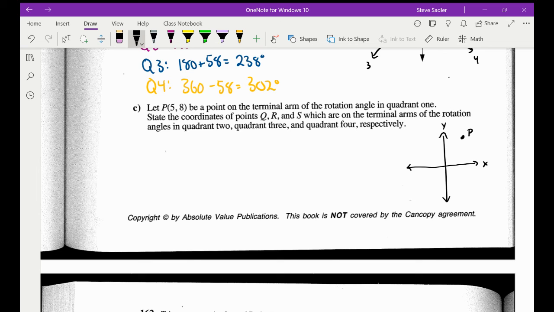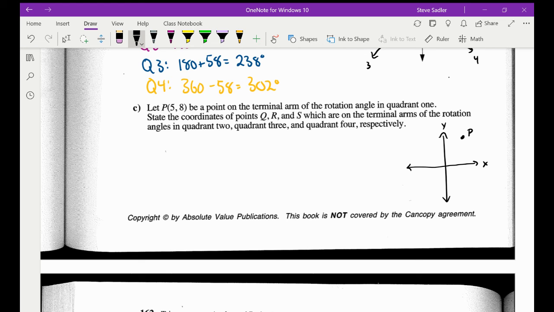State the coordinates of points Q, R, and S, which are on the terminal arms of the rotation angles in quadrants 2, 3, and 4, respectively.